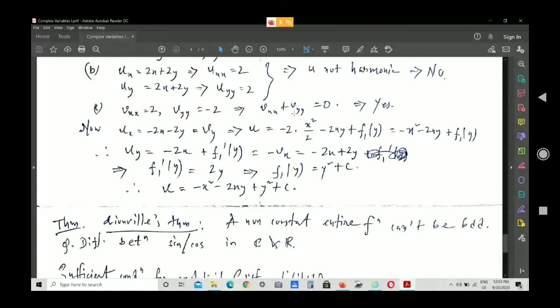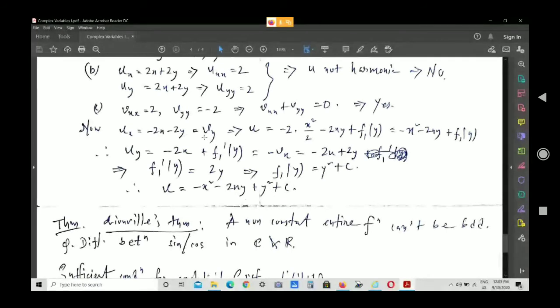It is already given to you, and you have to find that function. That means the real part you need to find. From these equations we will find it. Our aim is to find u. So u_x equal to v_y, and v_y is given to us, so v_y equals minus 2x minus 2y.